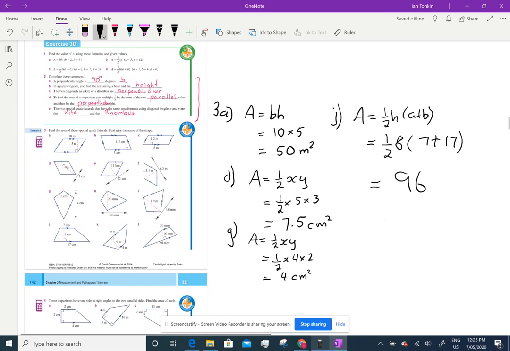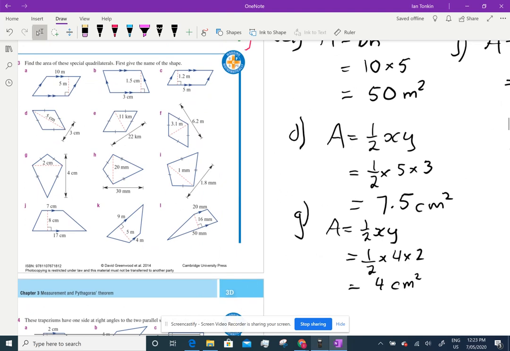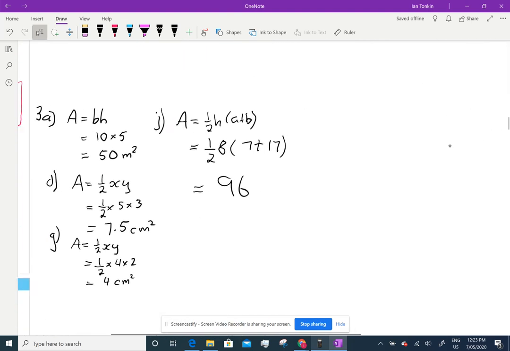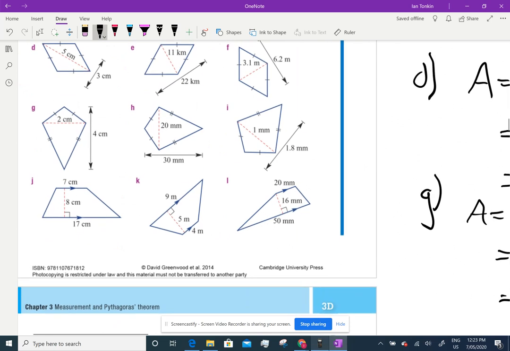And what units is it in? Centimetre squares. The reason I say centimetre squares is because that's the area. There are 96 square centimetres in a trapezium like that.